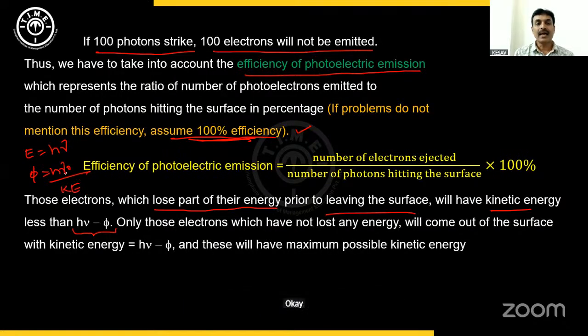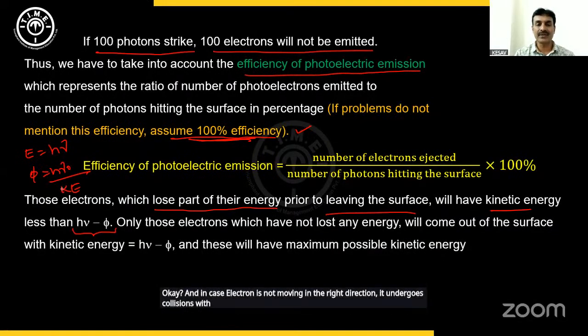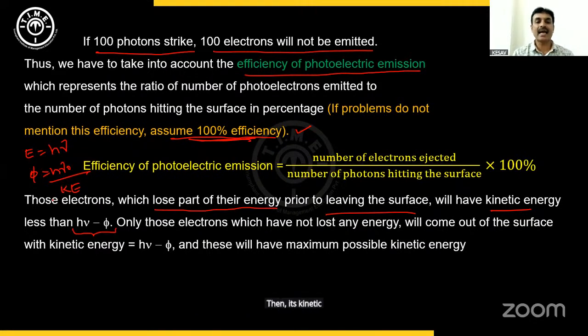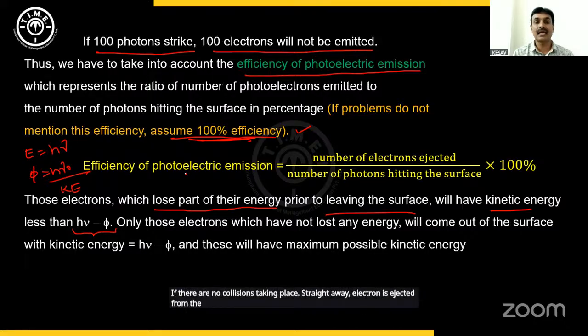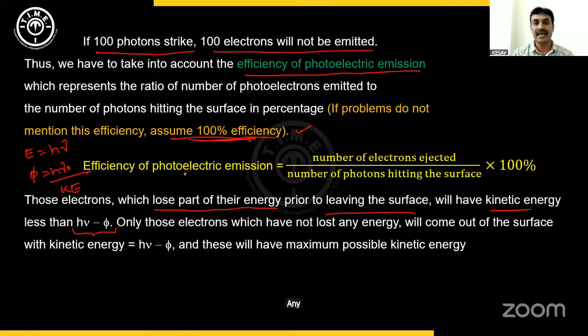Okay? And in case the electron is not moving in the right direction, it undergoes collisions with other electrons or ions within the material, then its kinetic energy will be less than this difference, isn't it? If there are no collisions taking place, and the electron is ejected straight away from the metal surface without any loss of its imparted energy, then it will be emitted with maximum kinetic energy.